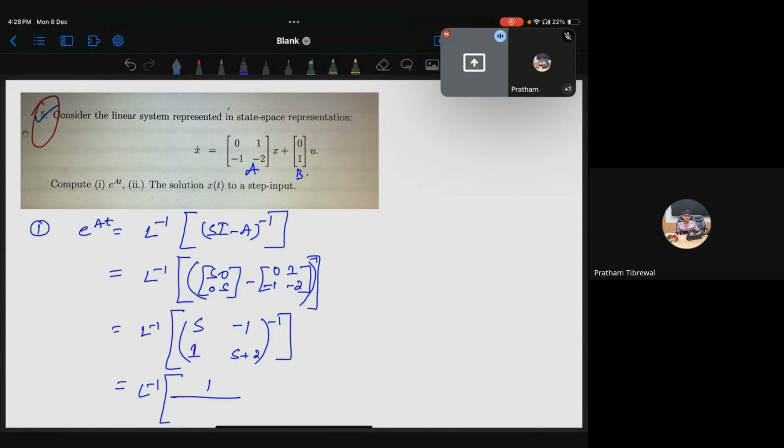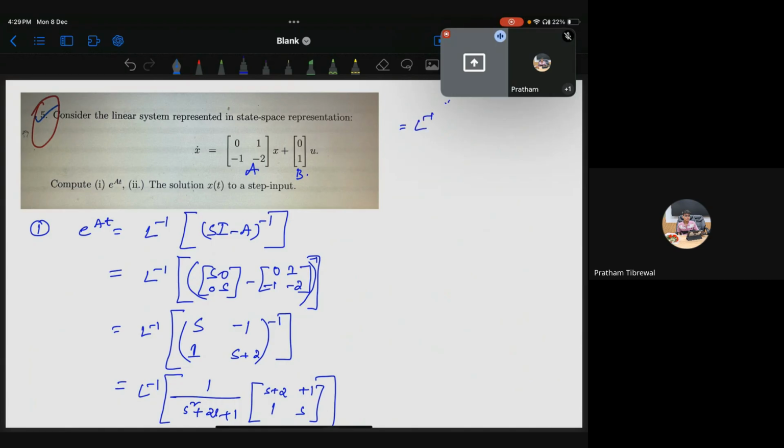What is the inverse? 1 by s square plus 2s plus 1, times s plus 2, 1, minus 1, s. Correct?